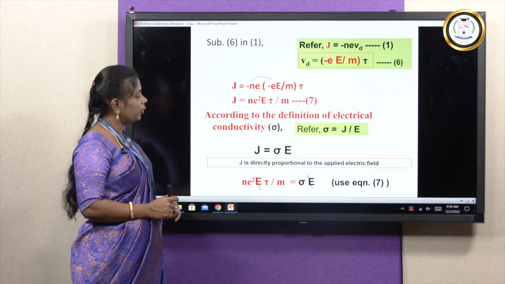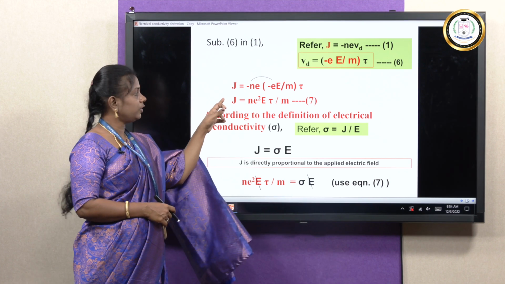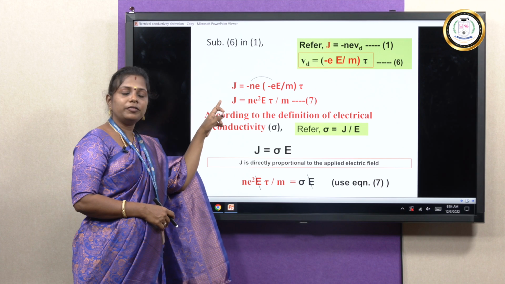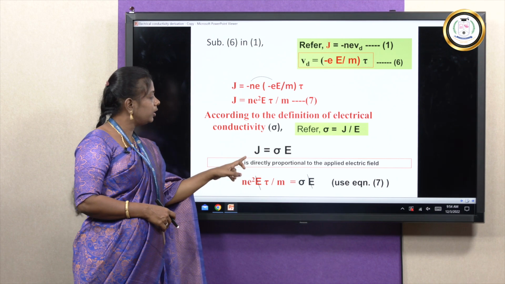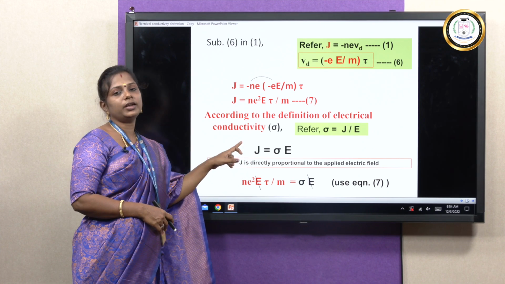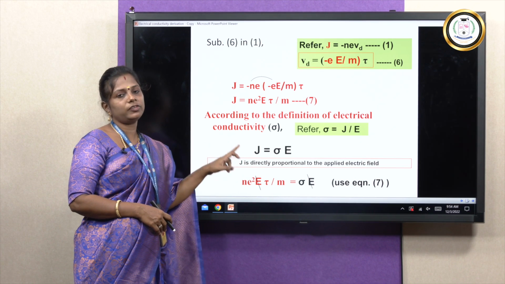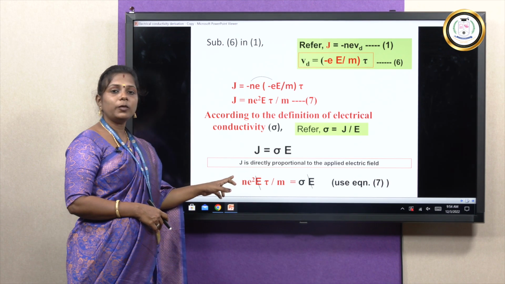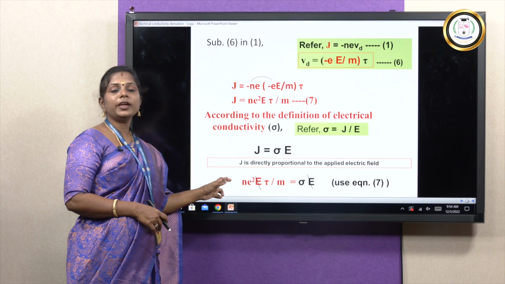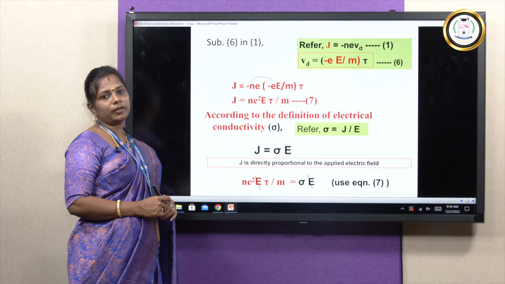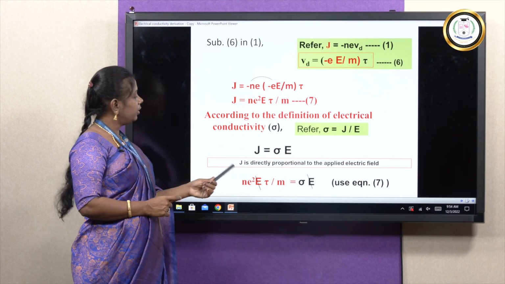So, now we are going to equate both. Equation 7 we derived from our experiment, and J is equal to sigma E is derived from the basic definition of electrical conductivity.